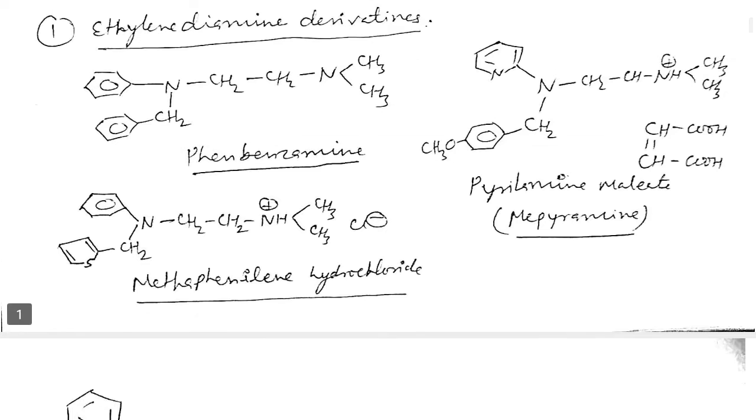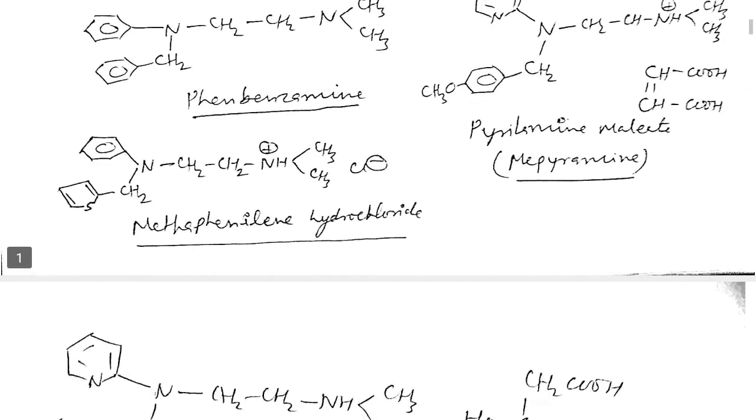I hope, students, you understood the chemistry of ethylene diamine derivatives. Again revising: one example is phenbenzamine, another is mepyramine, and the last one is methaphenilene hydrochloride.